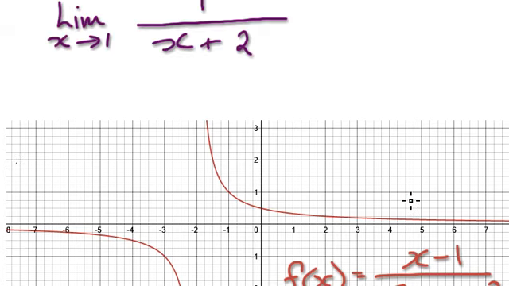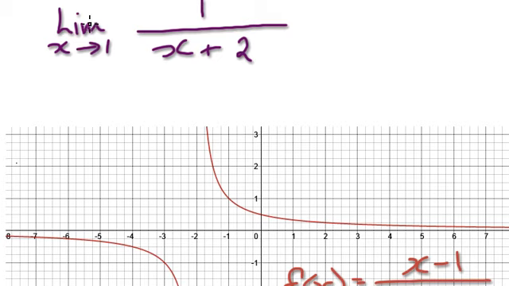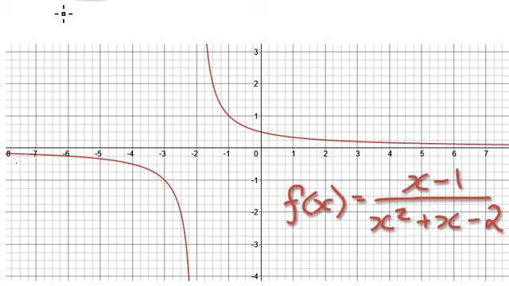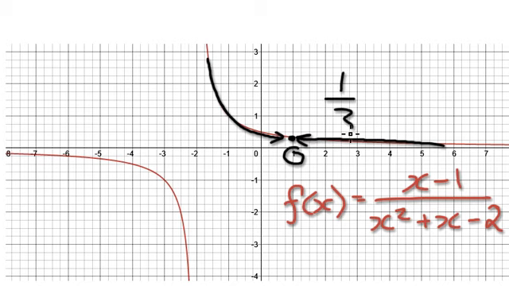We were trying to find out the limit as x approaches 1. What that means on this graph is that as x approaches 1, so 1 is here, from the left hand side it will be this, and from the right hand side it will be this. So we worked out the limit is 1 over 3 as x approaches 1.